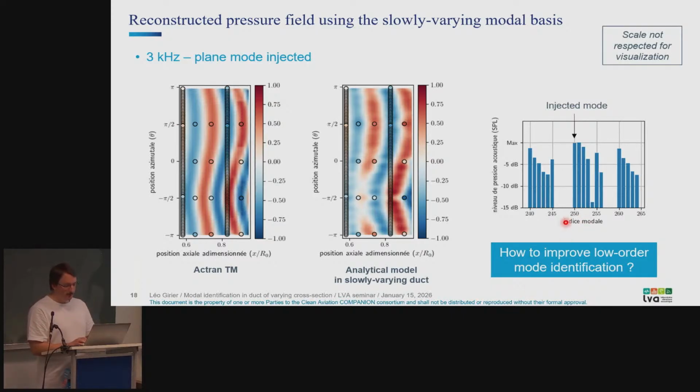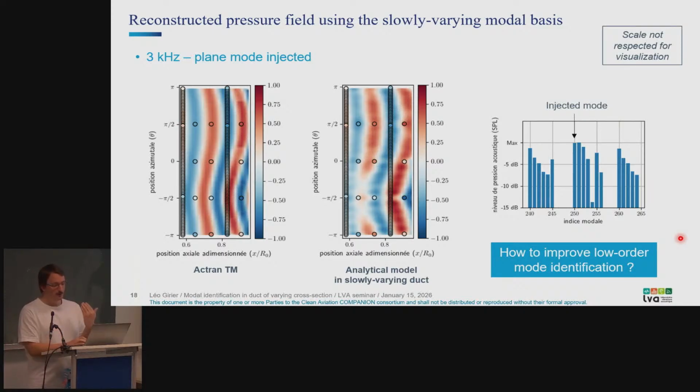And why does it happen? It is exactly because we are in this range in the middle that I showed you previously, where it is more difficult to identify the modes. And why is that? Because these modes are particularly more affected by the effect of the mean flow, because low-order modes propagate in a direction closer to the horizontal axis, so closer to the direction of the mean flow.